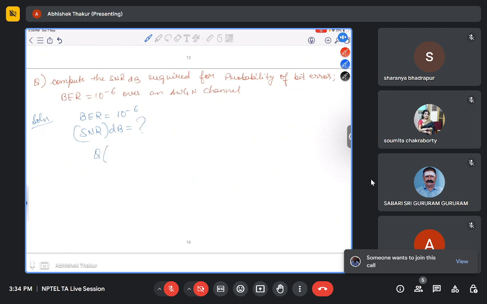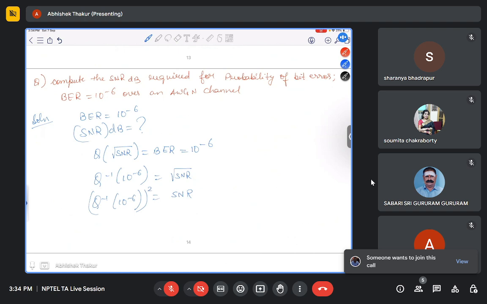So we all know that Q function of square root of SNR is equal to bit error rate, that is given as 10 to the power of minus 6. So Q inverse of 10 to the power of minus 6 is equal to square root of SNR. Now the square of Q inverse of 10 to the power of minus 6 will be SNR.